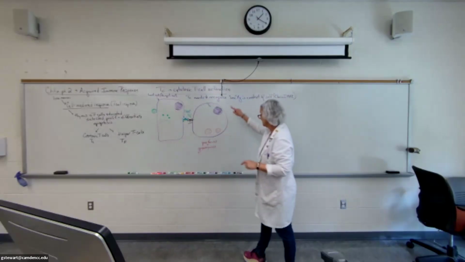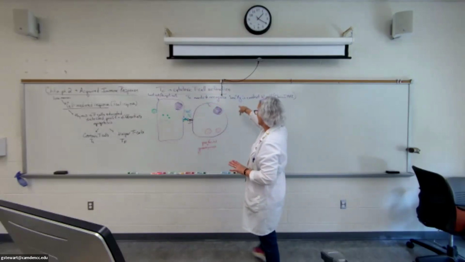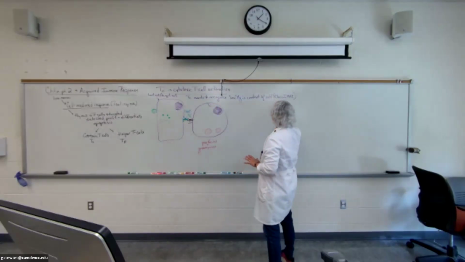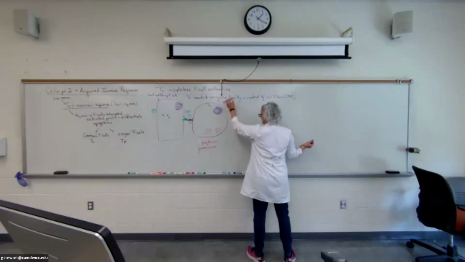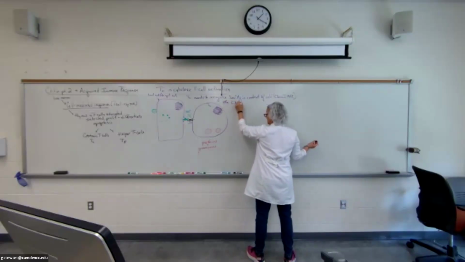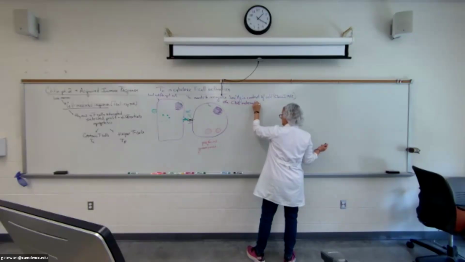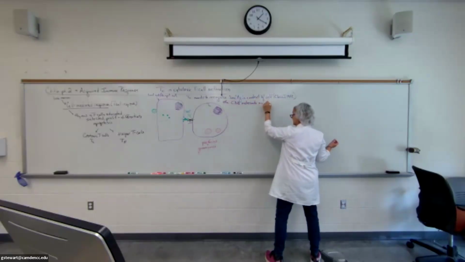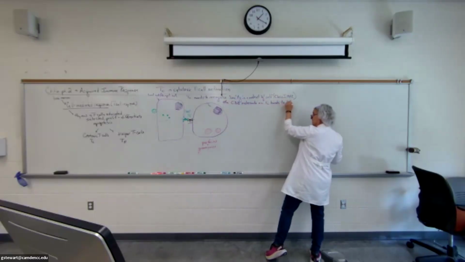A cytotoxic T cell needs to recognize or see antigen in the context of self. The CD8 molecule on the cytotoxic T cell is what binds to antigen plus class 1 MHC.